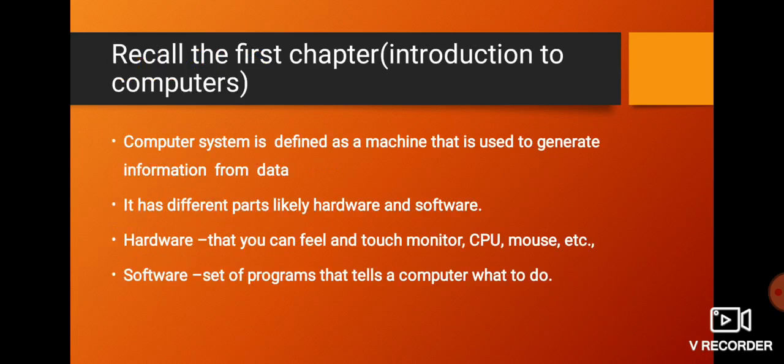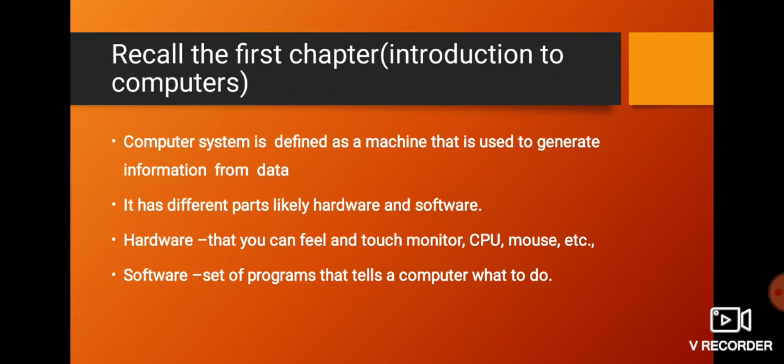Okay. Before we start about what is operating system, shall we just recall a few things from chapter 1, that is introduction to computer. In this chapter we have seen already what a computer is, what the parts of a computer are, what is meant by hardware, what is meant by software, what the types of software are, what is meant by application software and example, and system software and its example.